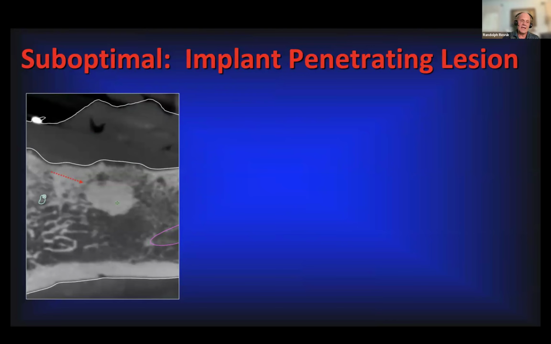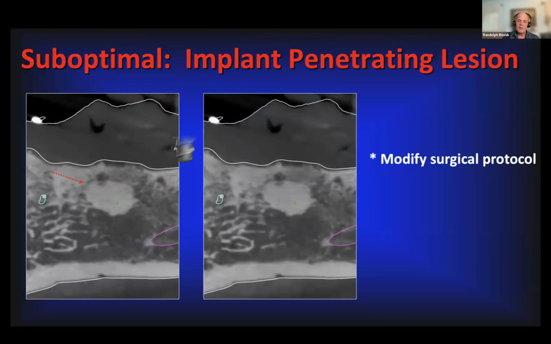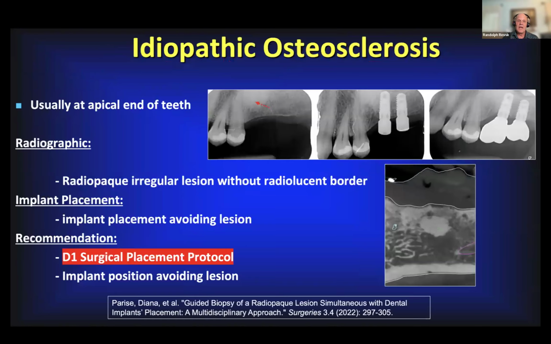If you look at the lesion here on the left, this osteosclerotic lesion, placing an implant through it, we just have to modify our surgery protocol. The most common is the idiopathic osteosclerosis.